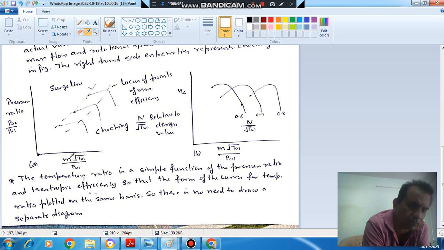Pressure ratio and temperature ratio versus non-dimensional mass flow rate will have similar curves, but efficiency versus non-dimensional mass flow rate for different speeds will be like this. Here we can see that this is the maximum point, this is the maximum point, this is the maximum point. So the maximum point is almost the same for all these curves.